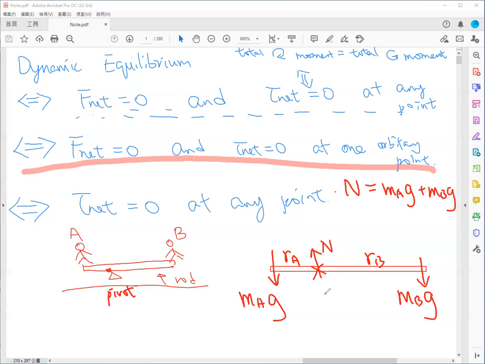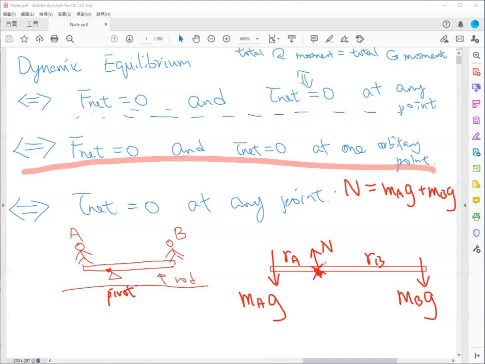If we take the moment at this point, there are three forces acting on this object, so you need to consider the moments of all three forces. But the N passes through the point where you take the moment, which means the perpendicular distance is zero.